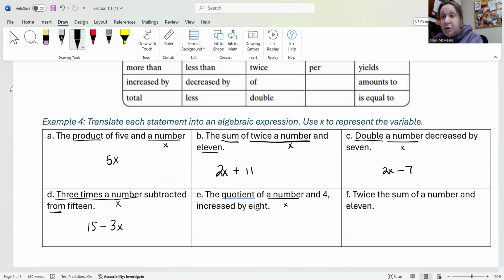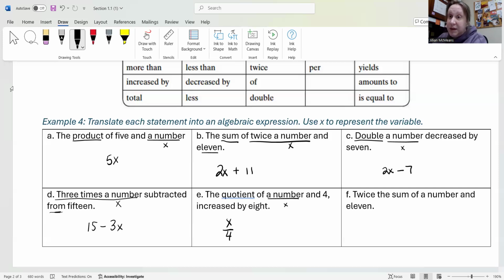Now, when you're dealing with a quotient, order also matters, but it's a little bit more straightforward. When you're dealing with a quotient, the first thing they list is the numerator. The second thing that's listed is the denominator. So here we want the quotient of a number, x, and 4. So we would write that as x over 4. And then we want to take that quotient and increase it by 8.